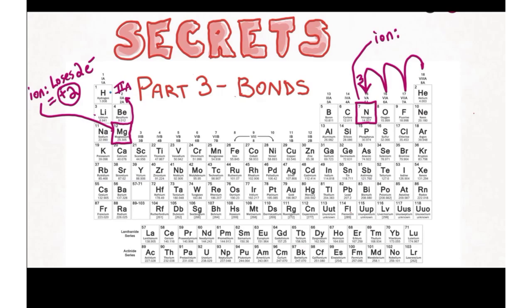So that means if nitrogen is turned into an ion, it gains 3 electrons. And since electrons are negative, that means nitrogen is going to have a negative 3 charge to it. So over here, the magnesium ion has a positive 2 charge to it. And over here on the right side, the nitrogen has a negative 3 charge to it.